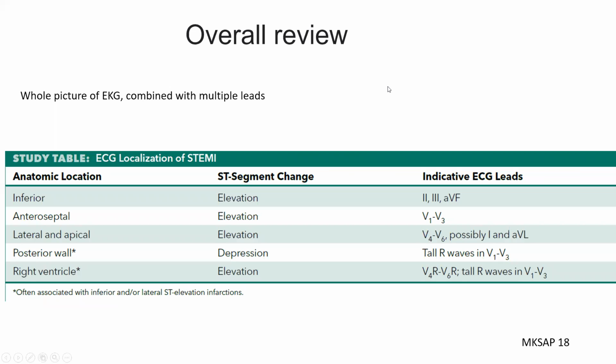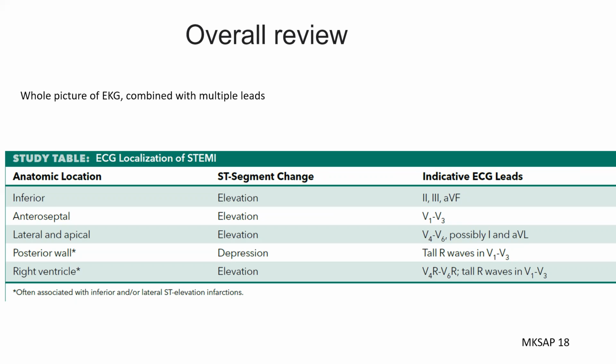After analyzing each single lead, we need to put all of the abnormal leads together to take a look at the whole picture of the patient's EKG. Here I give you an example of STEMI, with different combinations of leads to localize the STEMI.